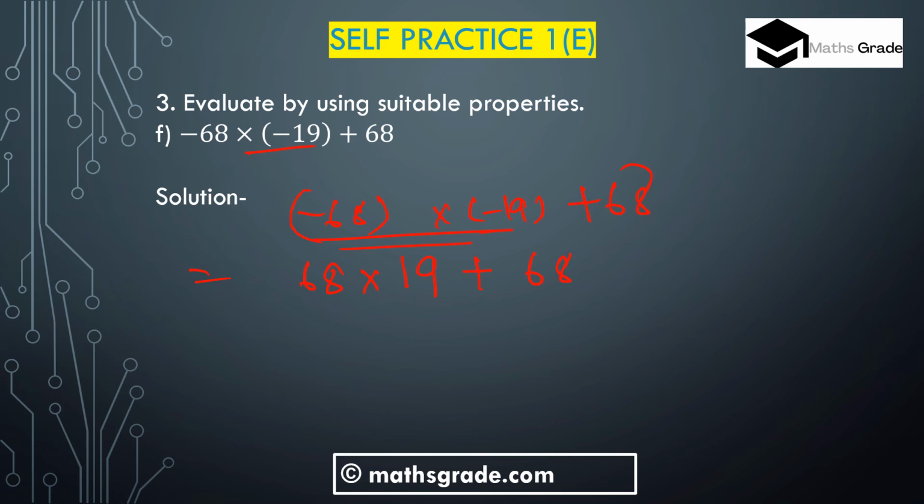And now here 68 is common in both these numbers. So take 68 common. So 68 multiplied with 19 and this 68 is 68 multiplied with 1. 68 multiplied with 1 is 68, and this is the multiplicative identity property.